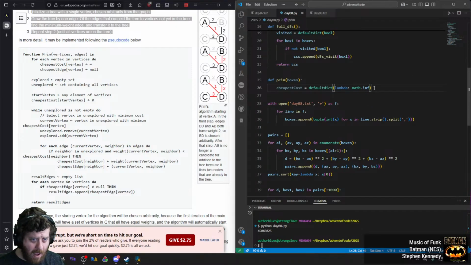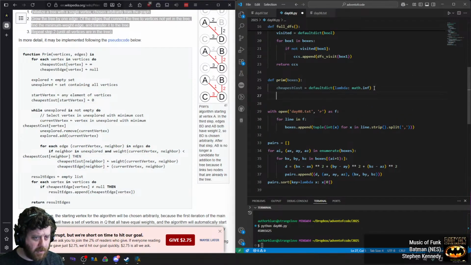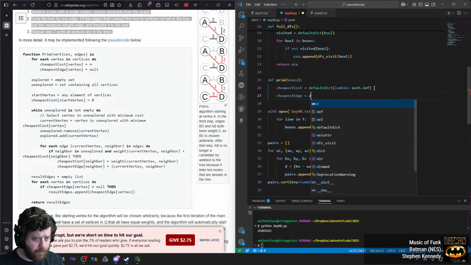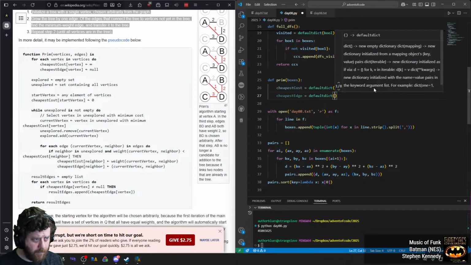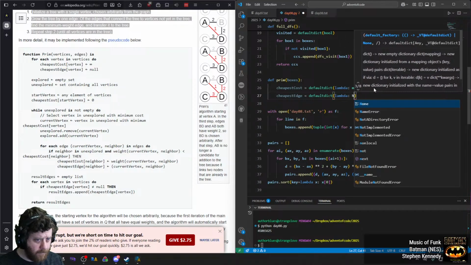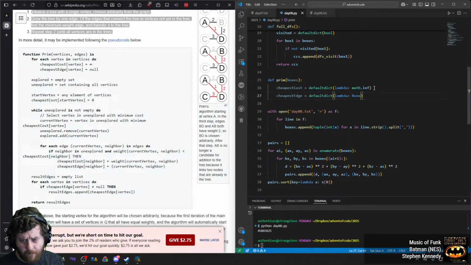I'm gonna try. I have never sat down to implement Prim's algorithm, which is kind of sad. So I'm gonna see what I can do. No, the weight on the edges is the length of them, the distance between the boxes, and we're on an implicit graph.